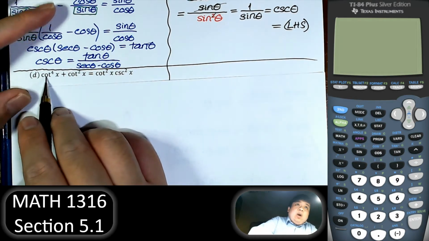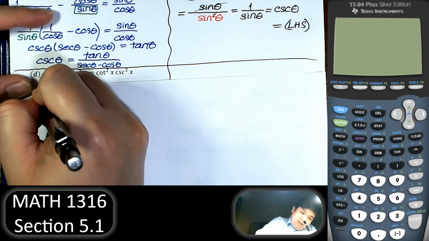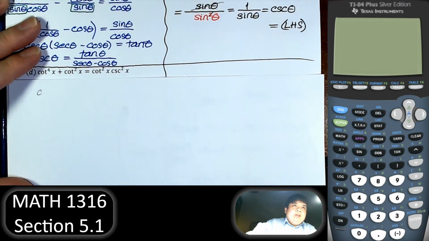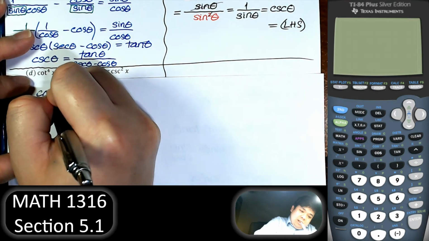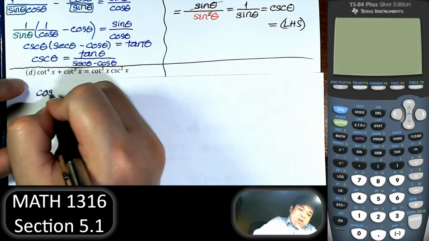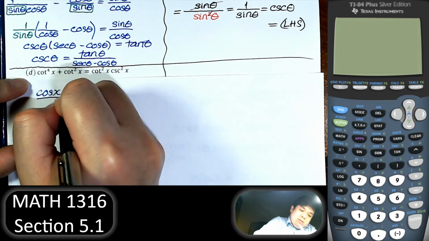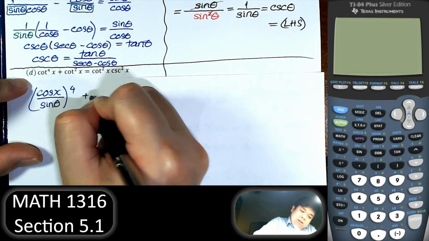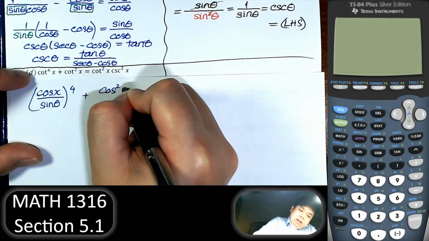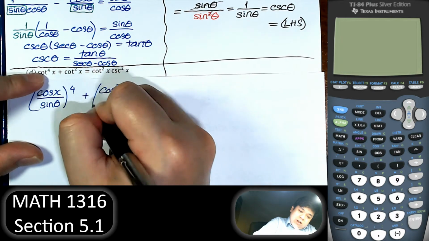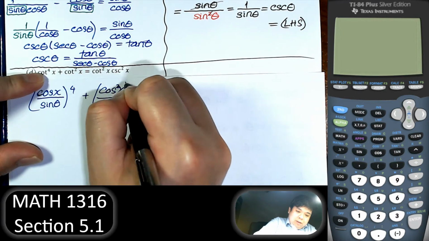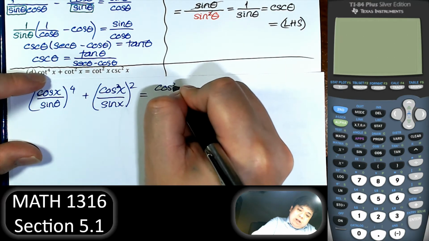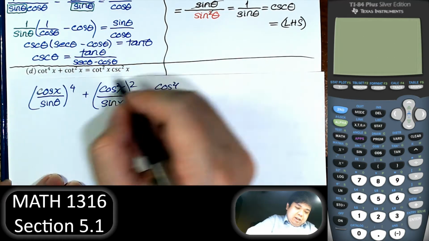So, cotangent is cosine over sine. We don't have any fraction to eliminate, so just write everything in terms of cosine and sine. And then cotangent square is cosine square over sine square.